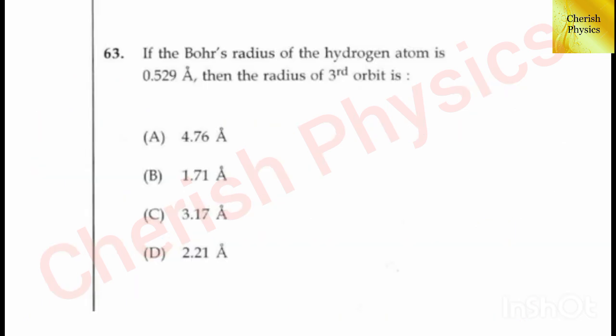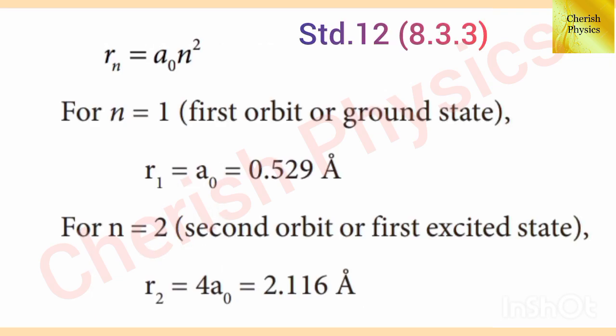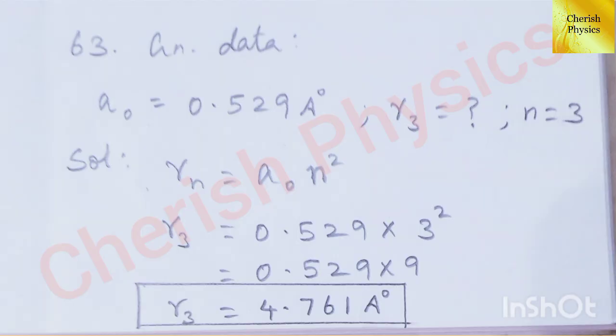If the Bohr's radius of the hydrogen atom is 0.529 angstrom, then the radius of third orbit is dash. According to Bohr atom model, the radius of the nth orbit of hydrogen atom, Rn equal to a0 into n squared. The given data, a0 equal to 0.529 angstrom, n equal to 3.